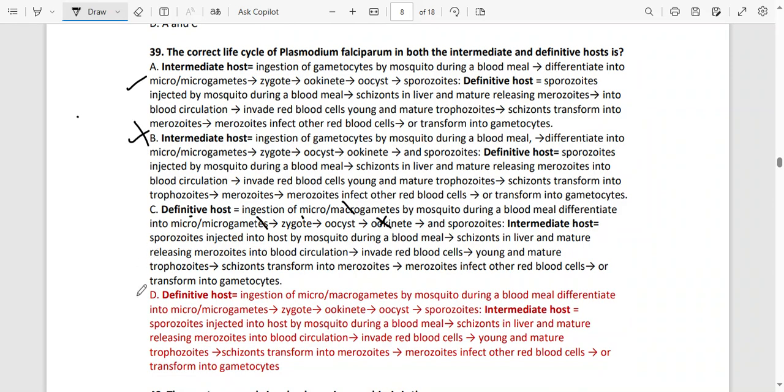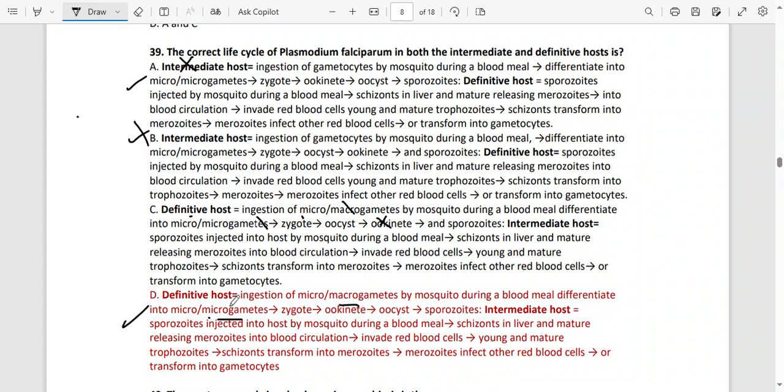So that still leaves A, which has the intermediate host, so this one is also not true because it's the intermediate host ingesting the gametocyte. So that just remains with D, ingestion of micro or macro gametes. But these were not supposed to be gametes. I feel these were supposed to be gametocytes and then differentiating into gametes. Otherwise, it's a correct one. Or maybe that's what you read, it's gamete and then it differentiates into gametes again.